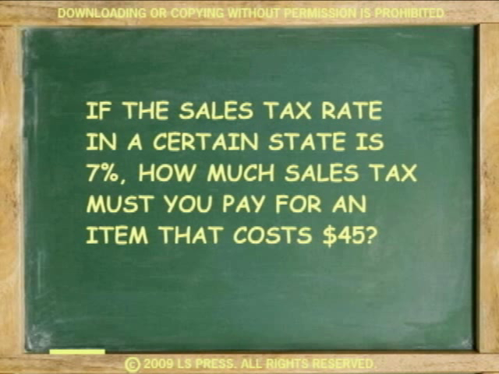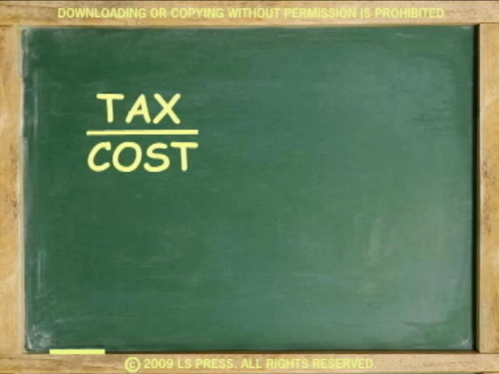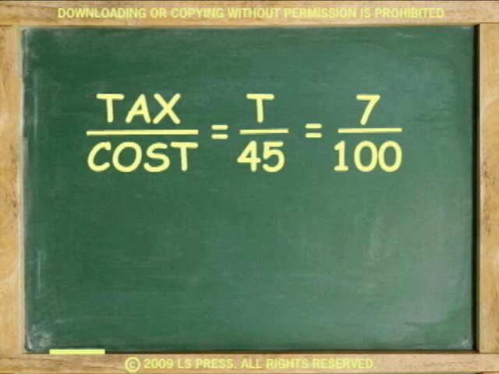Another example. If the sales tax rate in a certain state is 7%, how much sales tax must you pay for an item that costs $45? The information given is tax rate 7 per 100 and cost. So the starting ratio calls for tax over cost equals T over 45 equals 7 over 100.